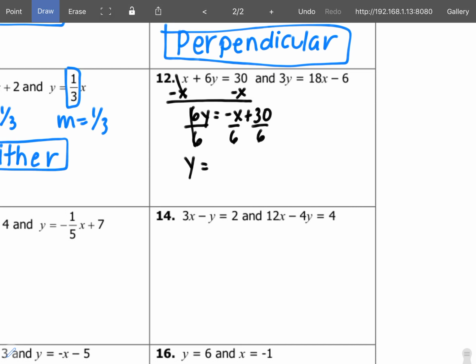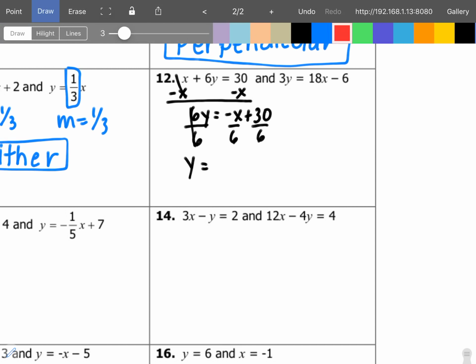Remember, when you have negative x over 6, I want you to imagine there's a 1, because there is a 1 right there in front of it. So it's negative 1/6, and then put the x on the outside. That's how we write it. 30 over 6 is 5, so plus 5. Okay, that's one of my lines. What's my slope here? My slope is negative 1/6.